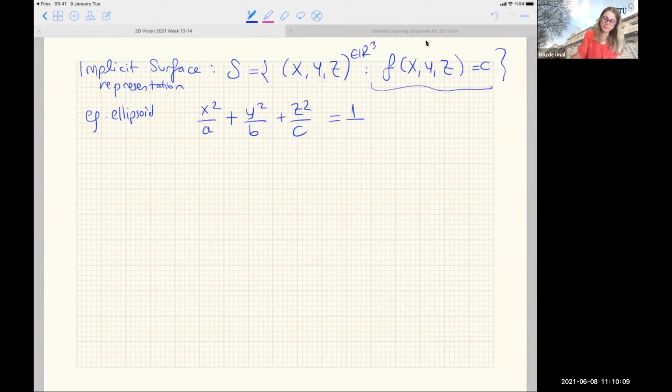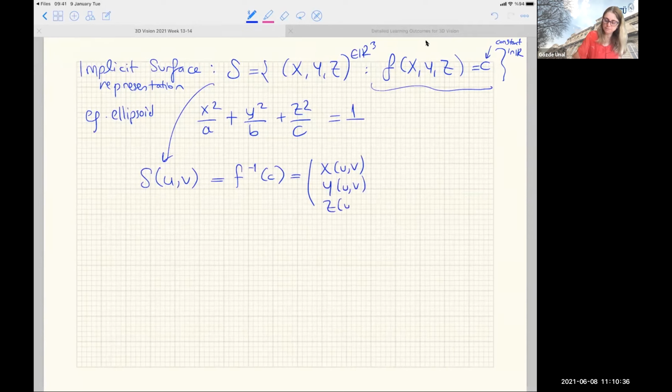C is a constant in R, like a level curve. Remember, this is an implicit surface representation. From here, I can just say my S(u, v) is f inverse of c, and I can still map it to, of course, x(u, v), y(u, v), z(u, v).